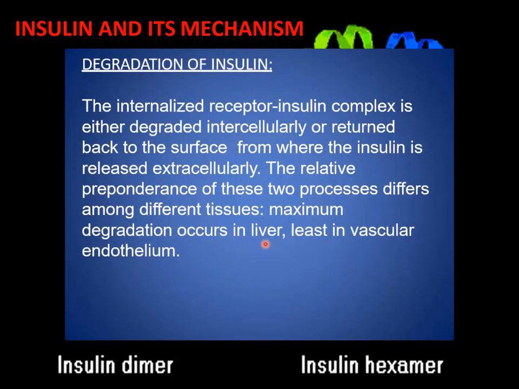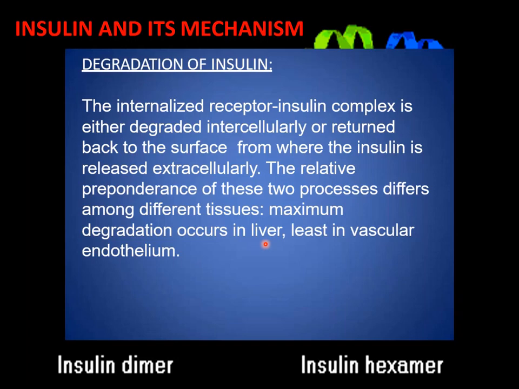Degradation of insulin. There is a balance between insulin formation, or insulin biosynthesis, and insulin degradation. The internalized receptor-insulin complex is either degraded intracellularly or returned back to the surface, from where the insulin is released extracellularly.